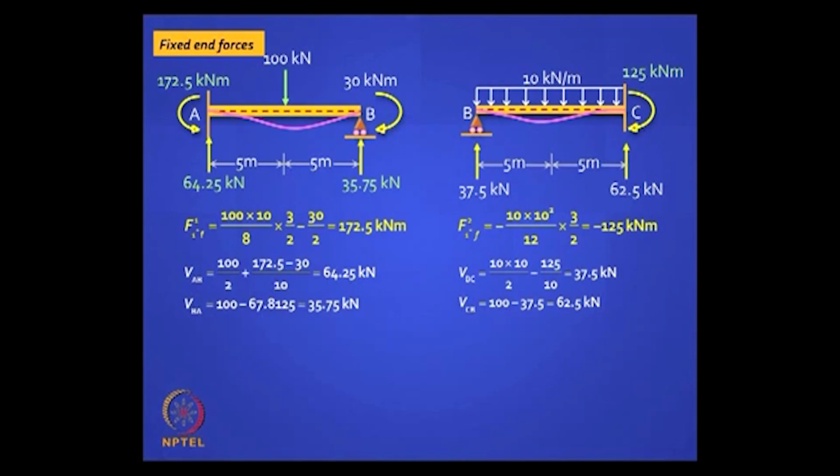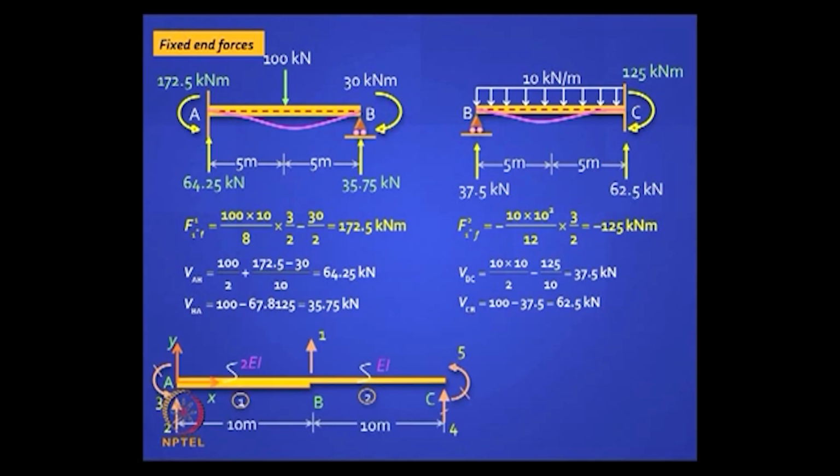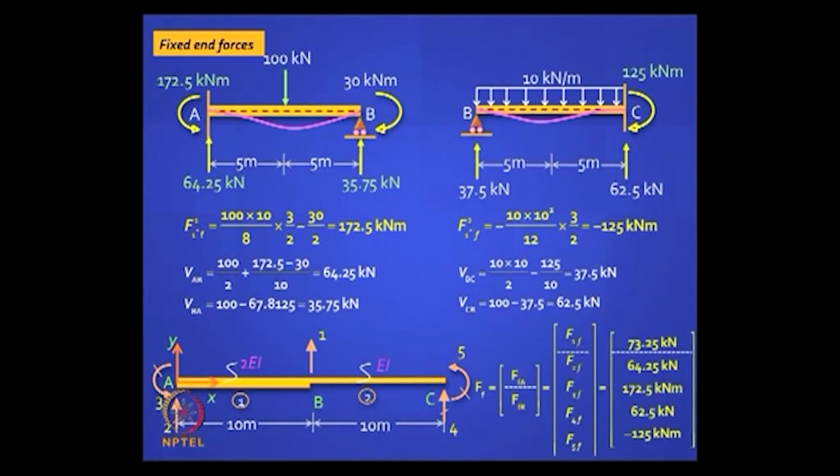Now can you assemble the fixed end force vector? Well, yes. Can you find out FFA and FFR? Well, it is easy, do it by inspection. Corresponding to this coordinate 1, you have to add up this reaction and this reaction, right?